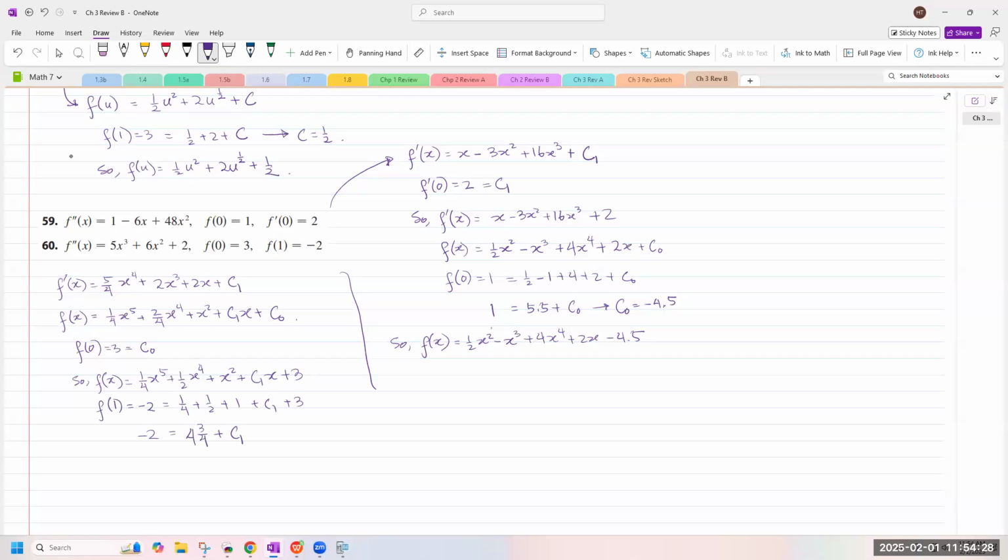So C1 is negative 2 3/4, which is negative 11/4. So f(x) is 1/4 x to the 5th plus 1/2 x to the 4th plus x squared minus 11/4 x plus 3. That's for number 60.